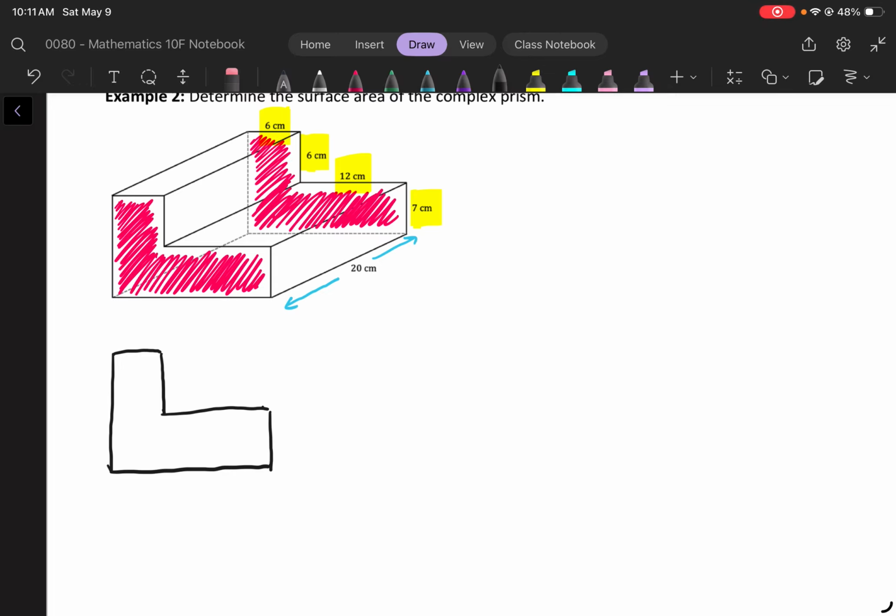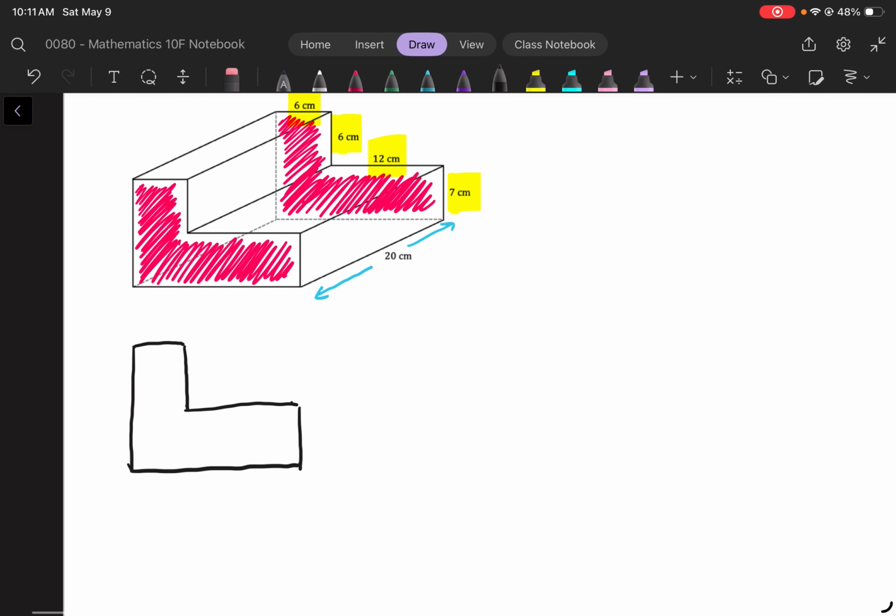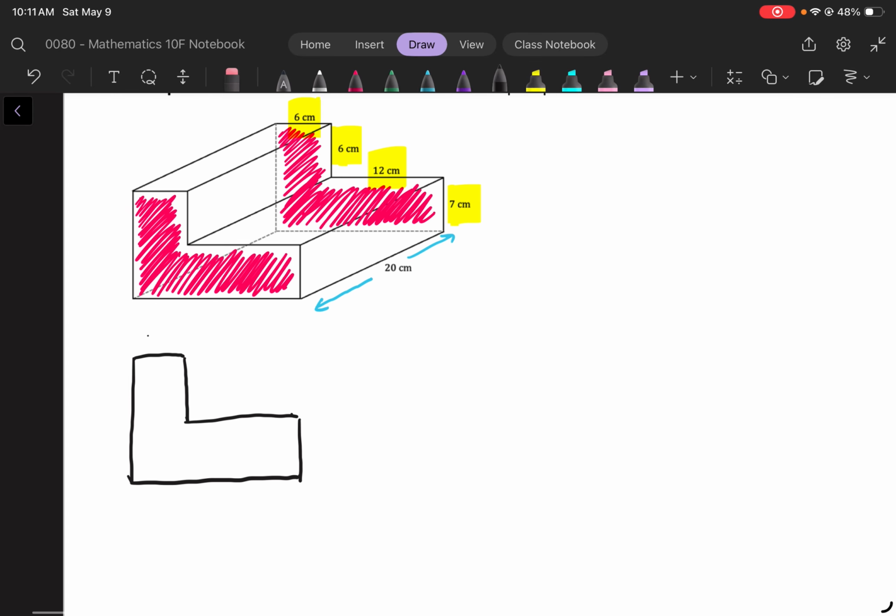So sometimes it's nice to draw that out so that we can identify all those dimensions quite easily. So I'm going to redraw the base, and I'm going to go ahead and relabel it. So I have 6 centimeters, 6 centimeters, 12 centimeters, and 7 centimeters.